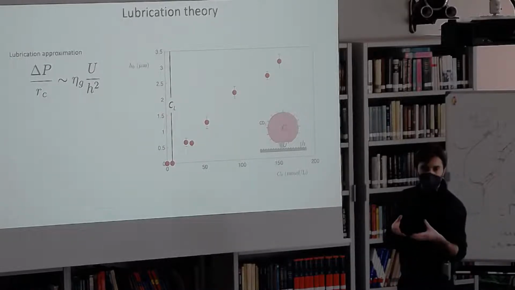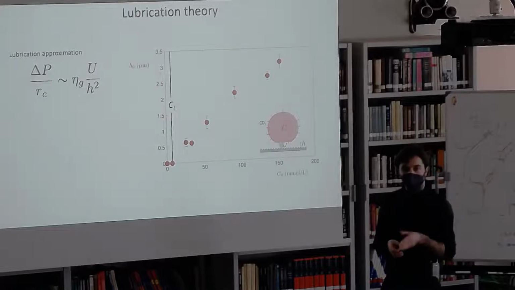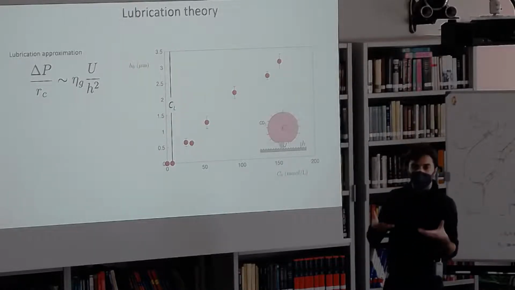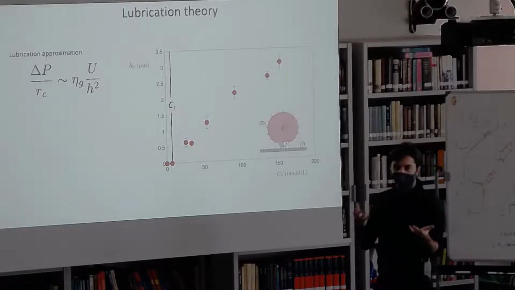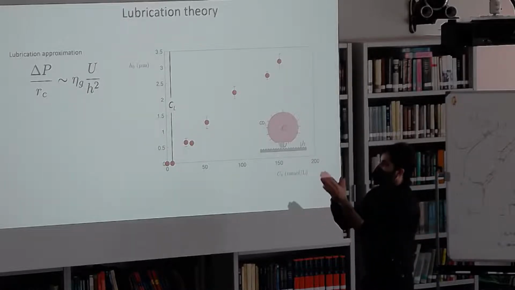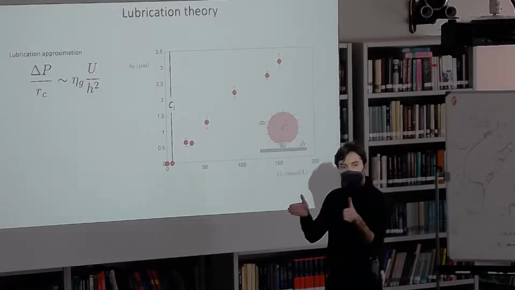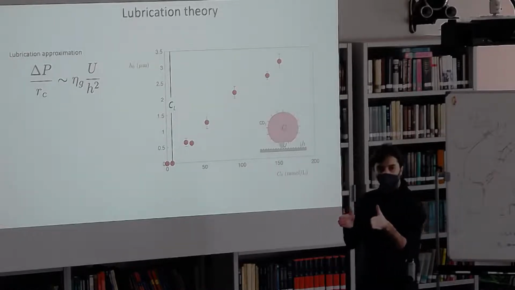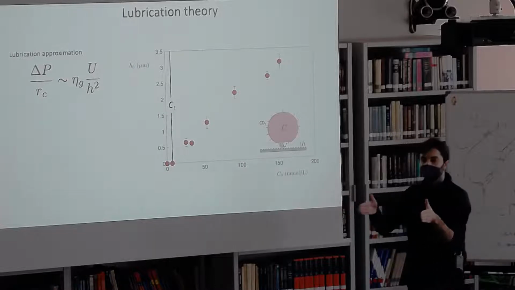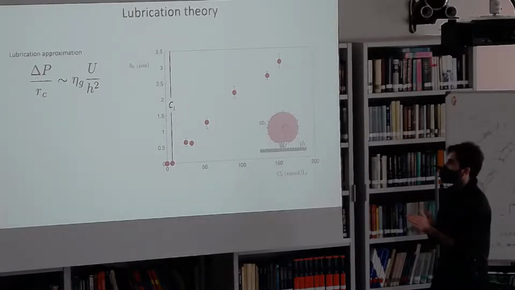That flow is driven by a pressure gradient between the pressure applied in the center of the drop, due to the weight of the drop or capillary pressure depending on its size. That delta P is exerted over the radius of contact, from the center of the drop to the external part of the base.